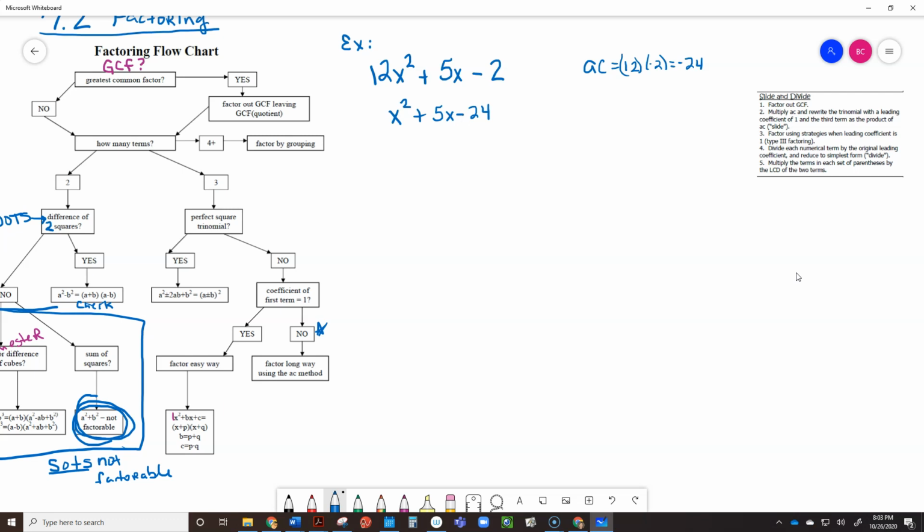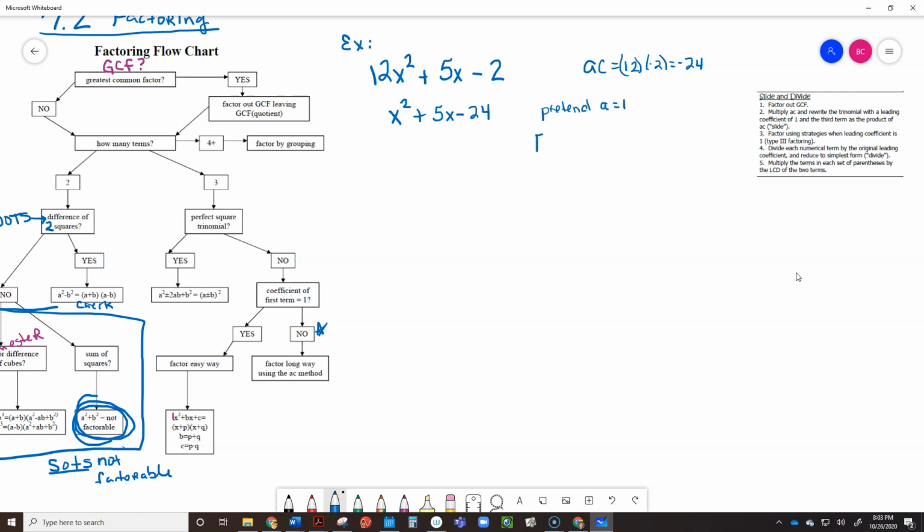So that's why we call this the AC method. We multiply A times C, and now we're just going to pretend for a second that this has a leading coefficient of 1. The 5 stays where it is. So we just pretend that A is equal to 1.